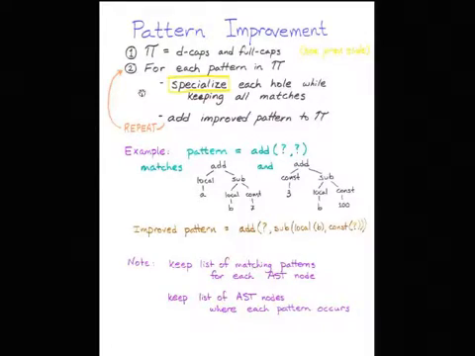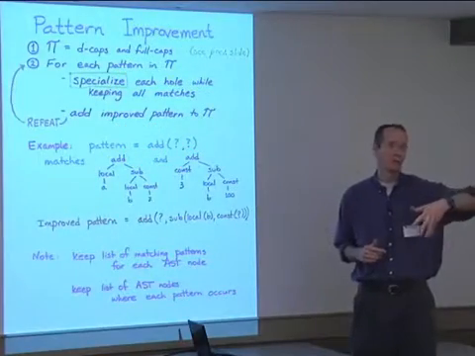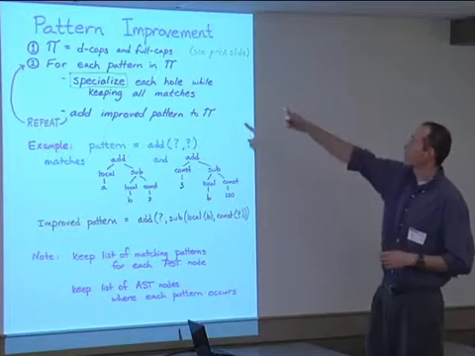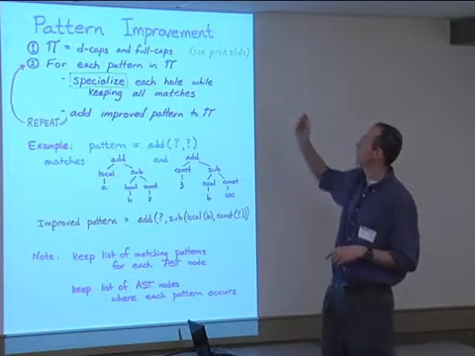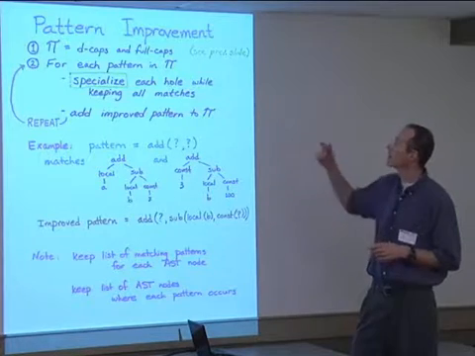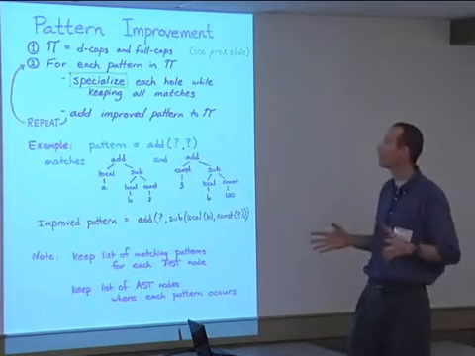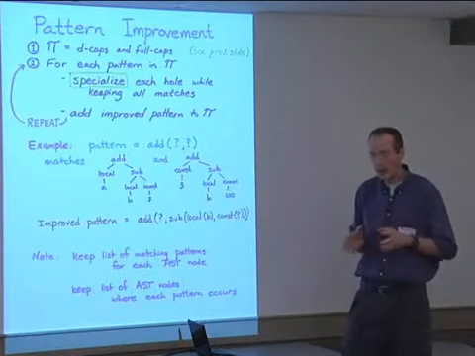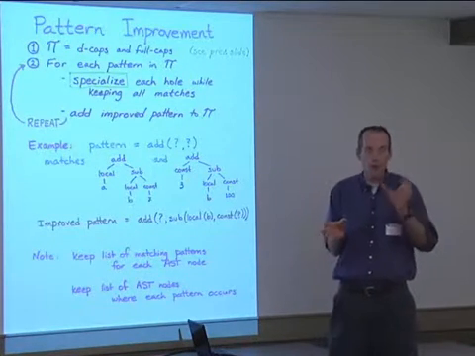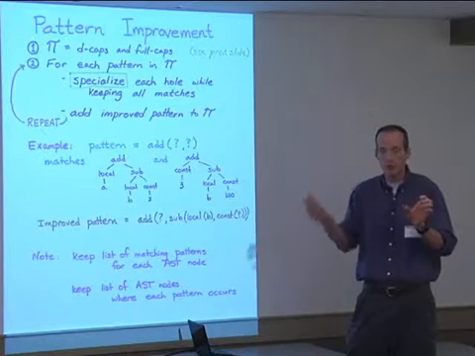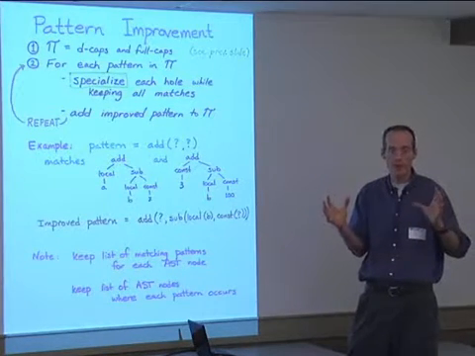Then you try to make things better by growing down. So you start with pi, the set of all D caps and full caps. And then for every pattern in that set, you try to improve it in a way that keeps all of its occurrences. So every pattern has a set of occurrences where it shows up inside of the abstract syntax tree.